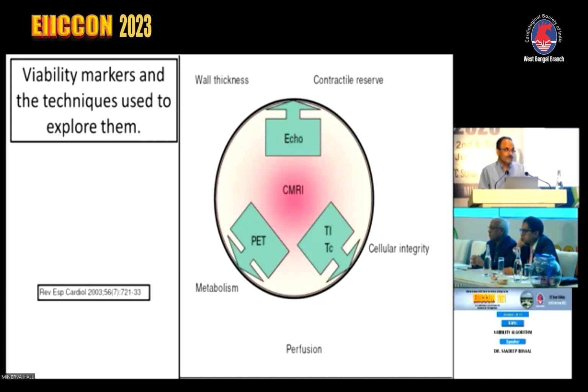You cannot have destroyed cell wall or the integrity of the cell destroyed and have a viable myocardium. And it has to continue to have metabolism. The substrate, however, changes. We need to understand that the normal substrate for a normal heart is free fatty acids.